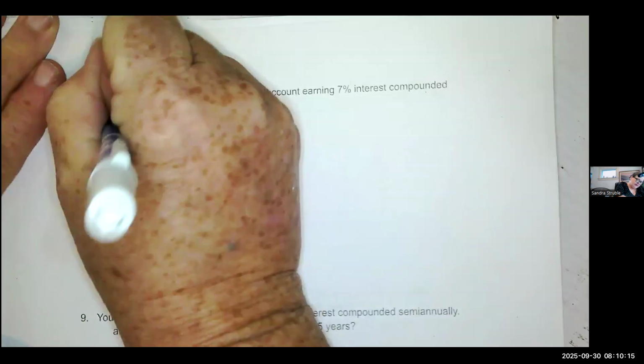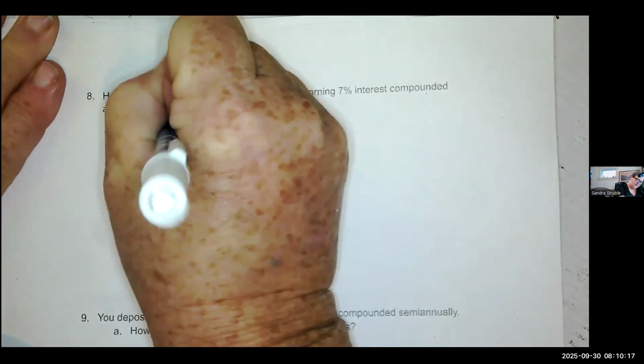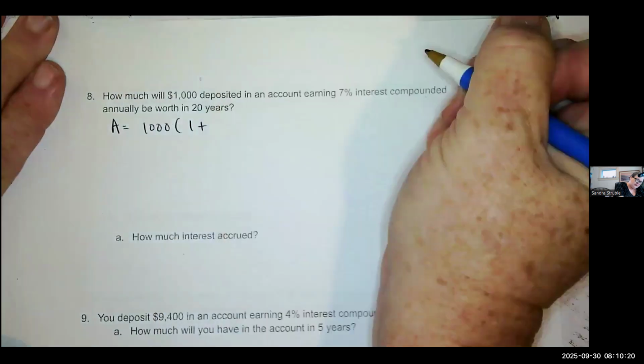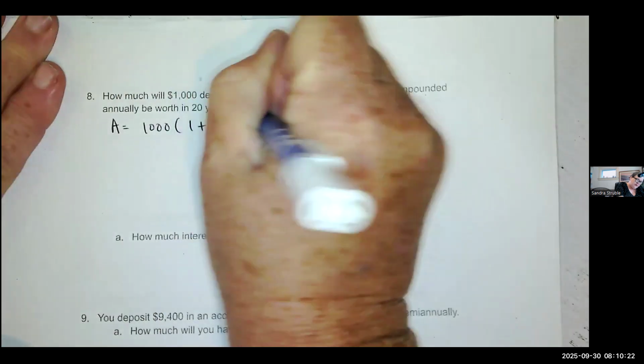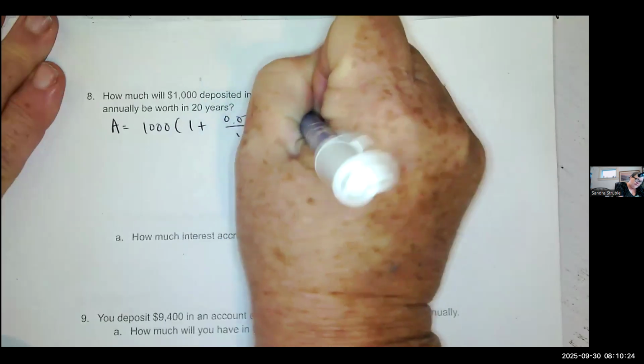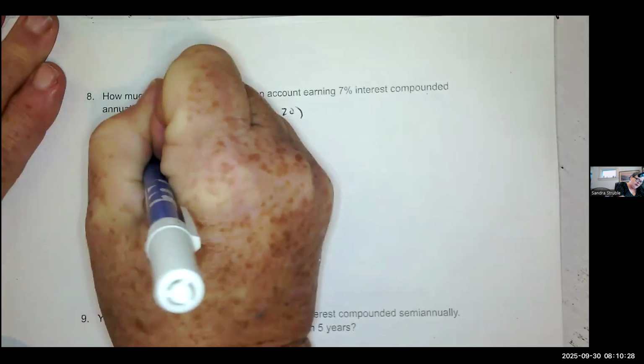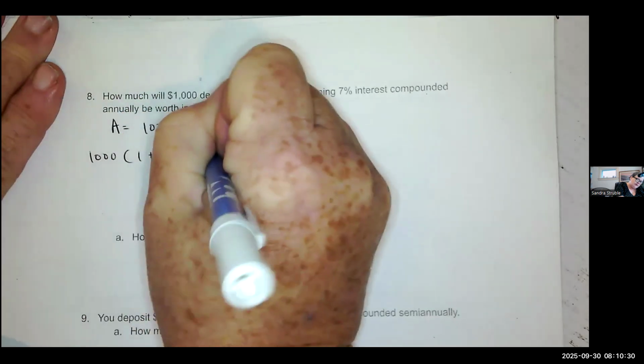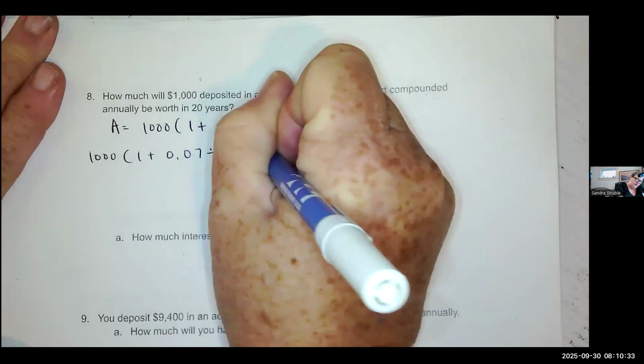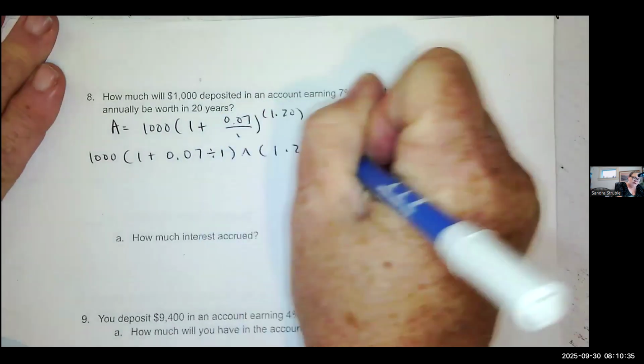All right, so A is equal to 1,000 times 1 plus 0.07 over 1 raised to the 1 times 20. Putting it in a calculator is 1,000, open, 1 plus 0.07 divided by 1, close, caret, open, 1 times 20, close, equals.